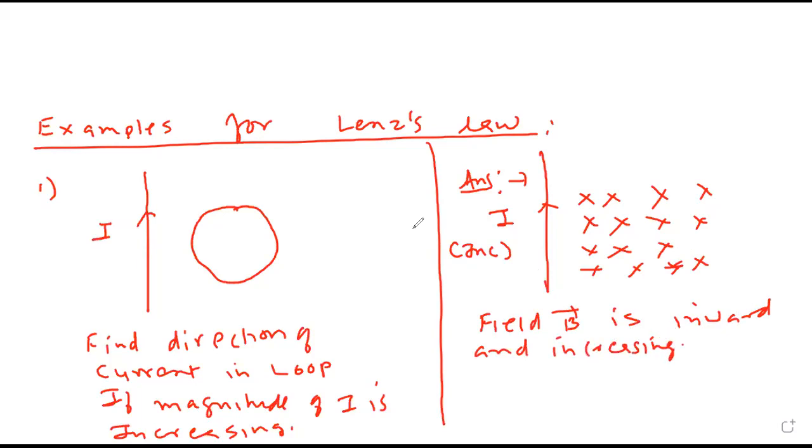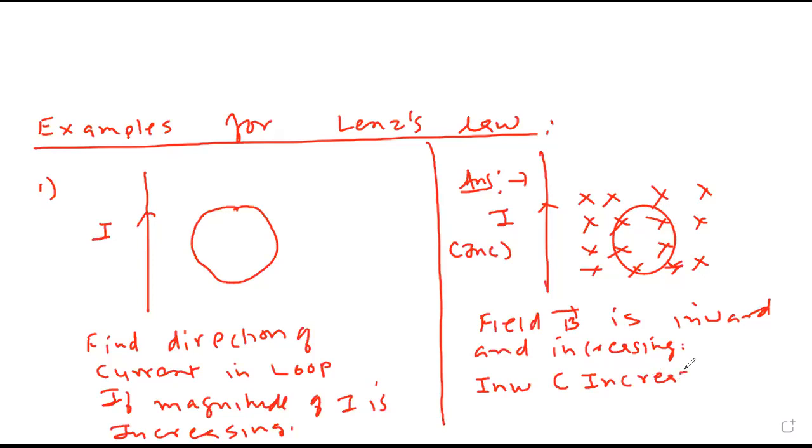Hello, can I say this? That means the field with this coil will be inward and increasing in nature. Not followed this much? Yes, sir. So the field is inward in nature and increasing.